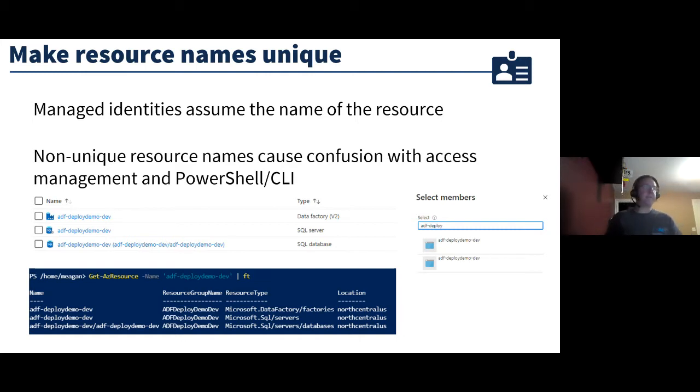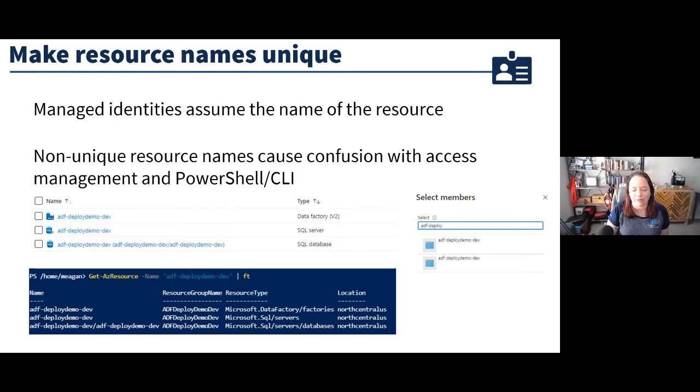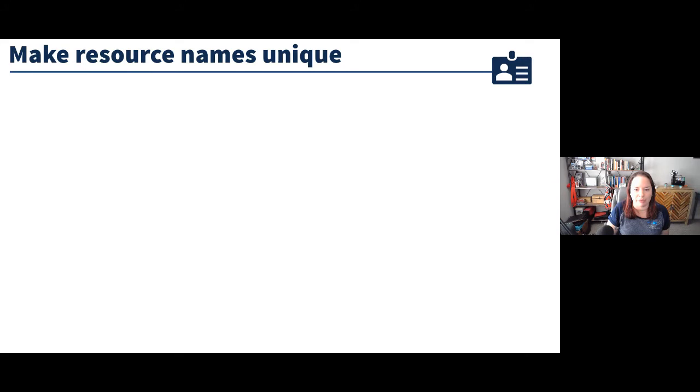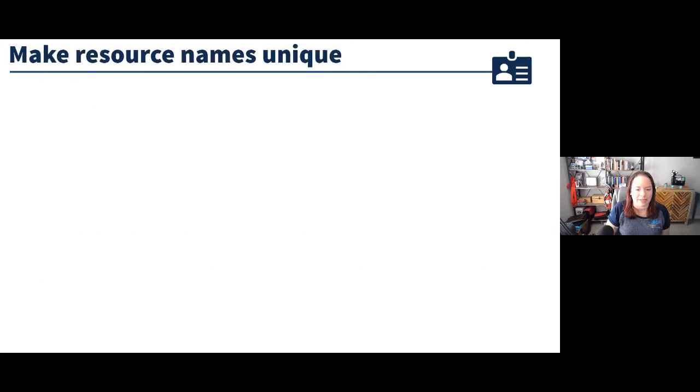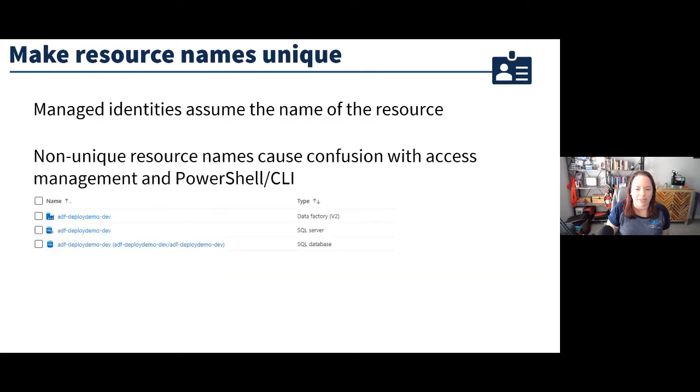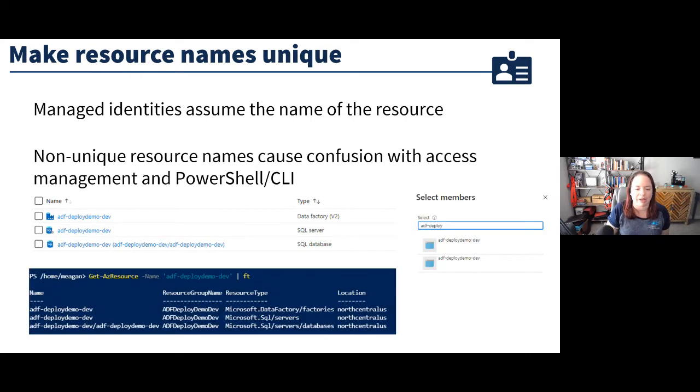And even if you know that you're always going to filter on the resource type, you can't guarantee that everybody else in your organization is going to remember that. So as Kerry said, it's just risky to leave it like this. So go ahead and add a resource type abbreviation into your naming convention, and that will always help make it unique, so you wouldn't run into this data factory, SQL server, database all having the same name.